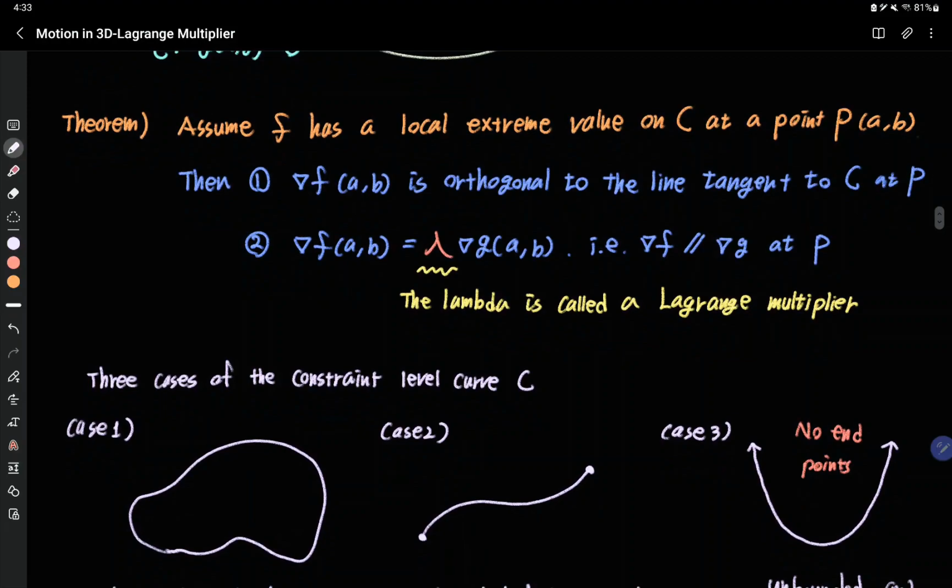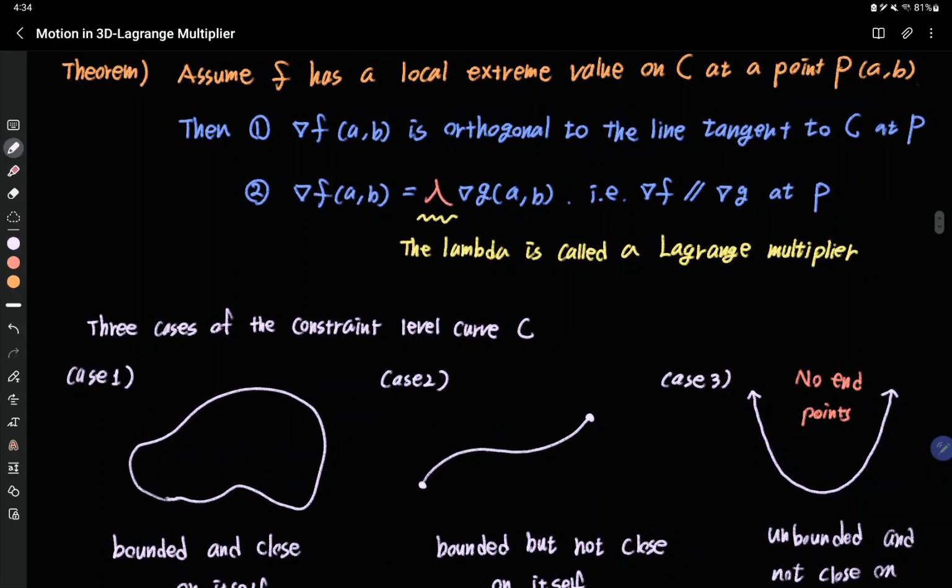Keep this in mind: if you want to find the local extreme value of function f on a constraint level curve C, and the function has a local extreme value at the point P, the gradient f must be orthogonal to the curve C, and then there exists a lambda such that gradient f is equal to lambda times gradient g.